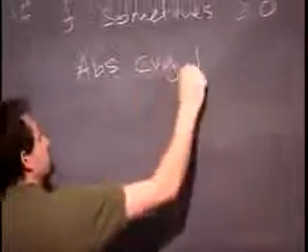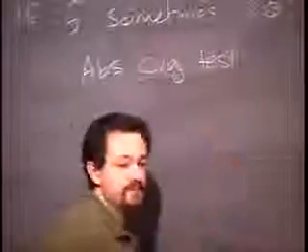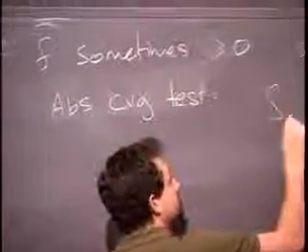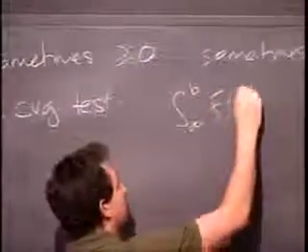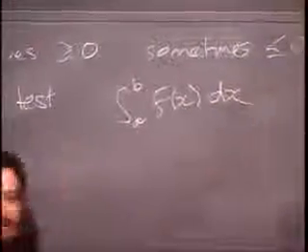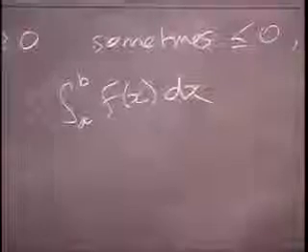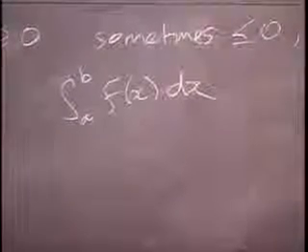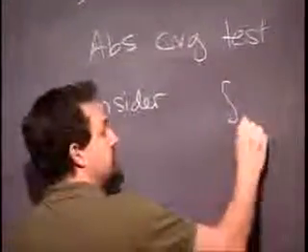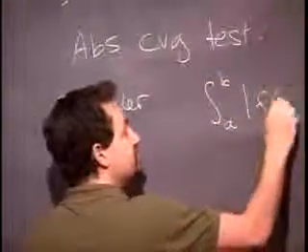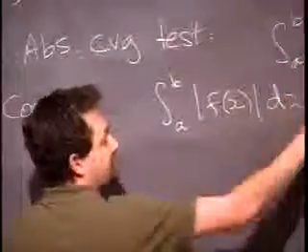Absolute convergence test. Here's what it says. So you have some integral here, where f of x is positive sometimes, negative sometimes. Again, either of these could be infinity, minus infinity, all that sort of stuff. What does it say? Well, consider instead the integral with the absolute value.